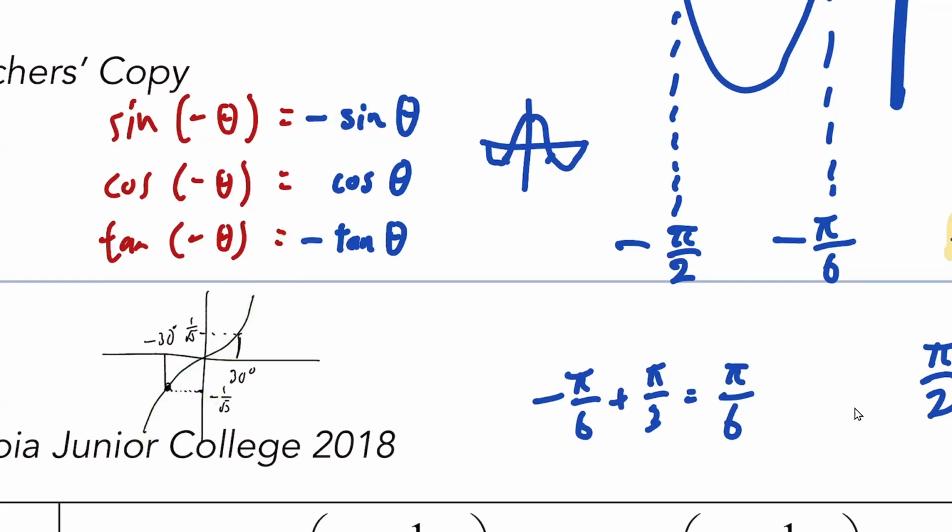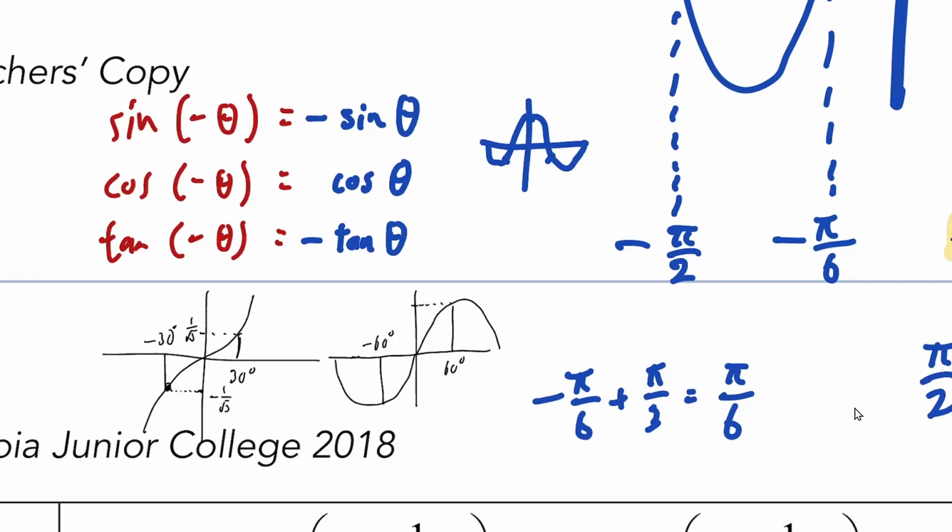Same thing with your sine graph. Let's say you got 60 degrees here. Let's say you got -60 degrees here.